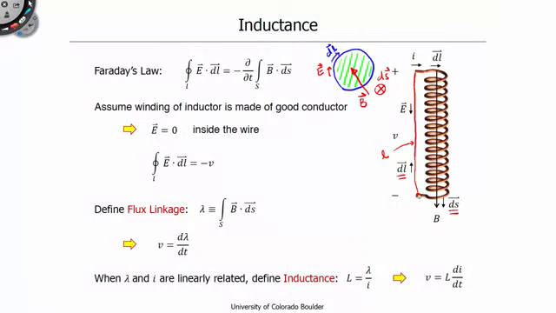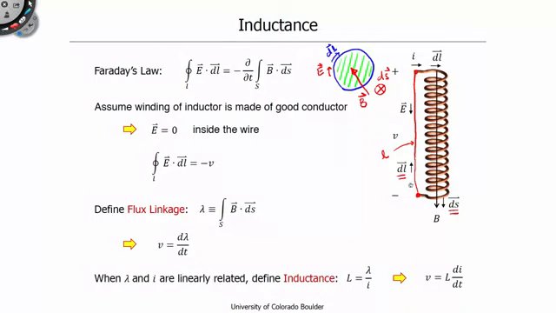So the electric field really exists between the bottom terminal of this coil and its top terminal. So when we do the line integral of the electric field using Faraday's law and integrate along this coil, the integral along the path of the coil itself will be 0, and the only integral value that we will get will be the contribution from outside the coil.